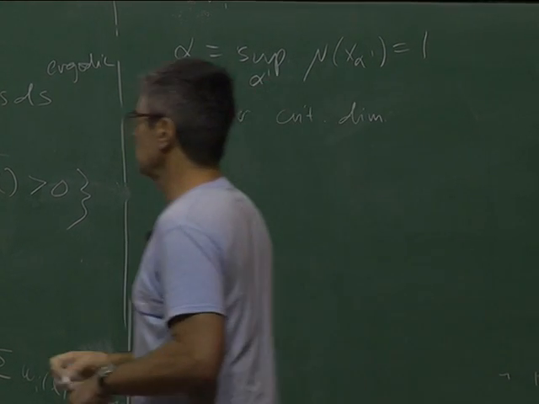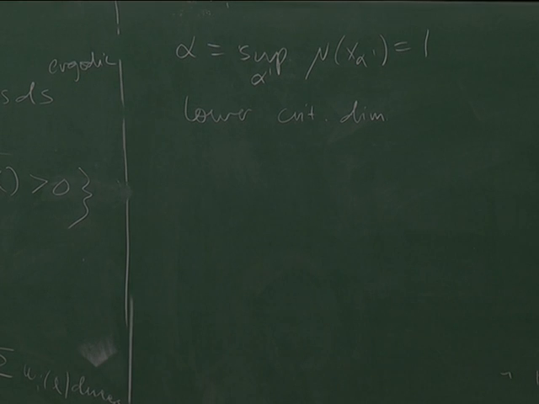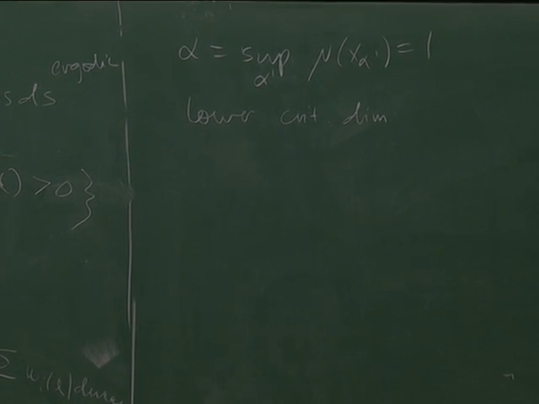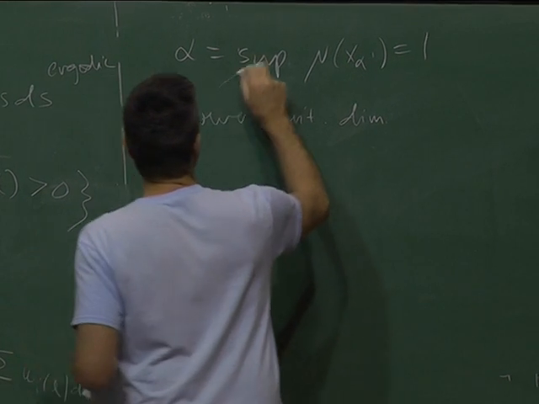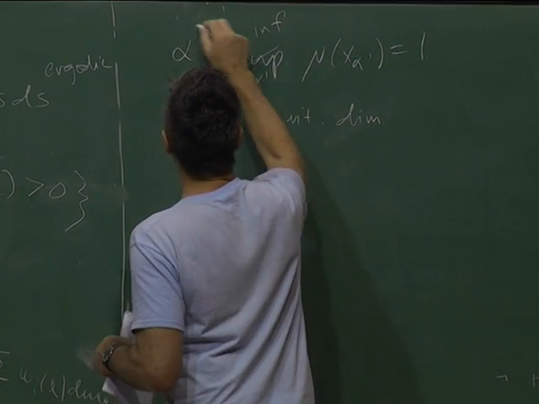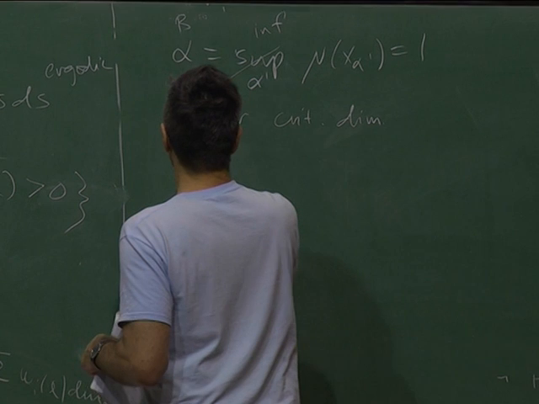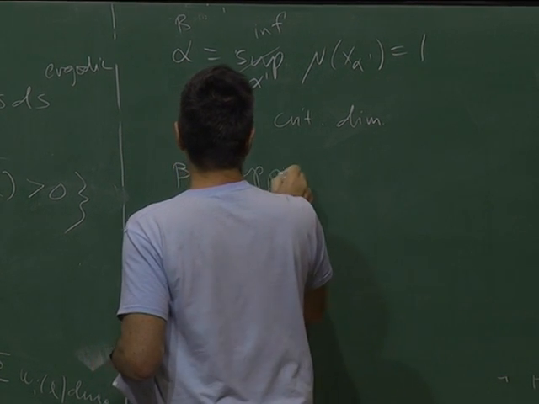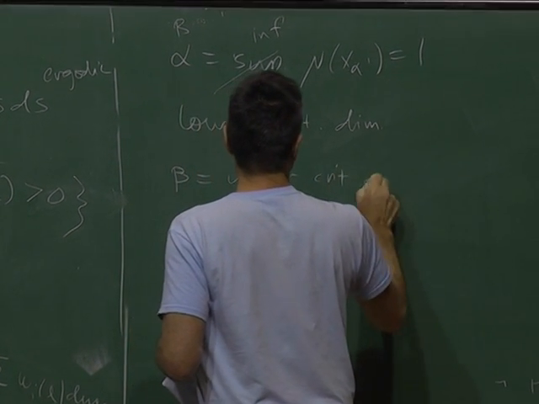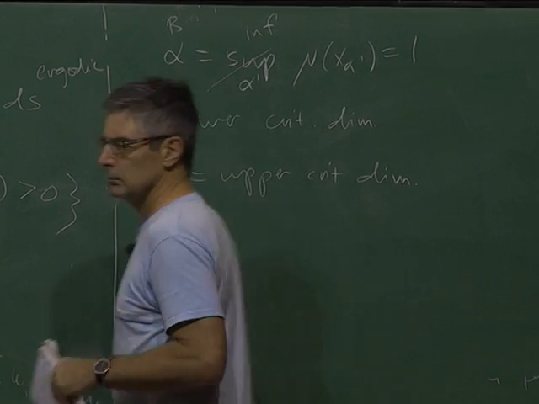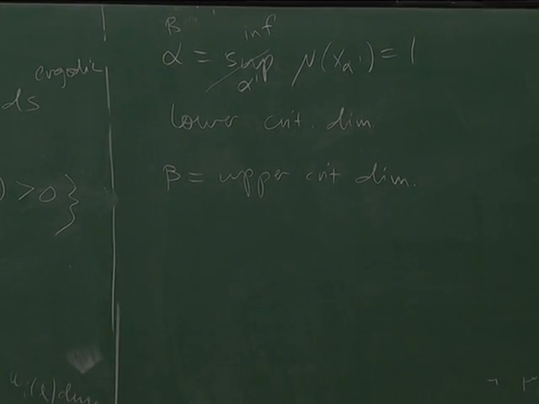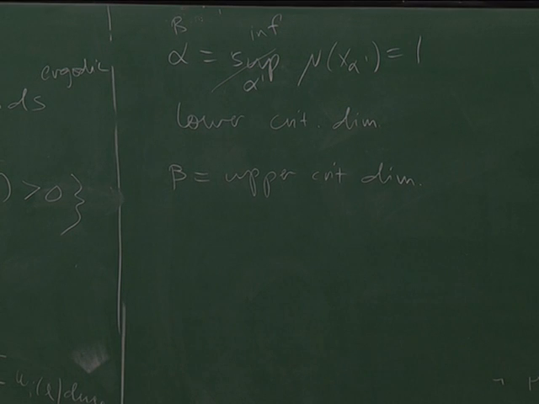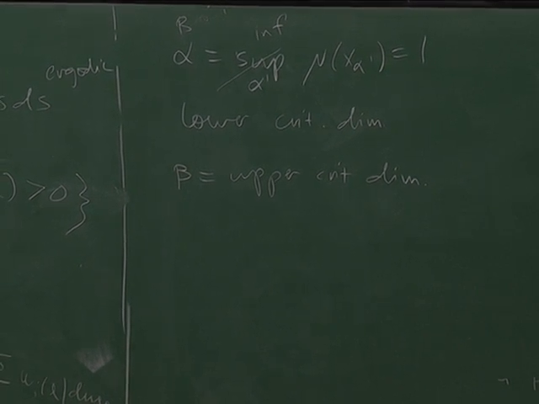And then I can put lim sup there, and inf here and beta there. And therefore I get these two numbers, alpha and beta. They can be equal or they might not be equal.